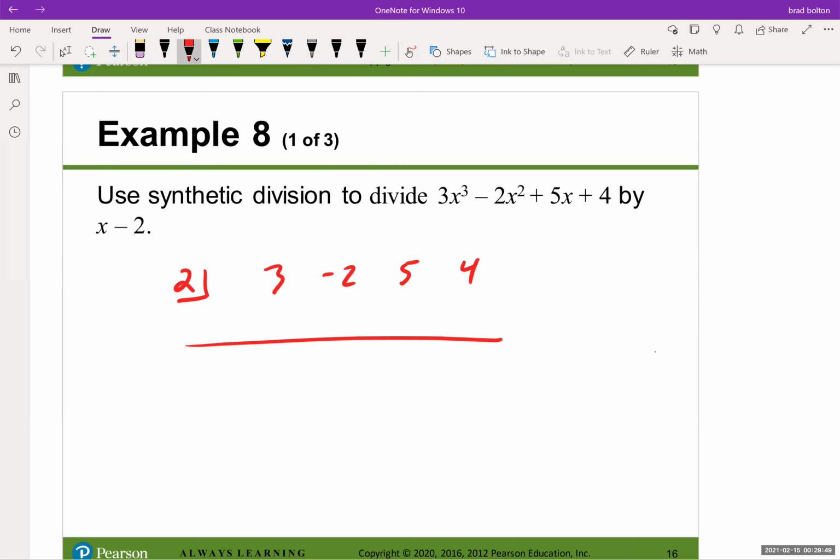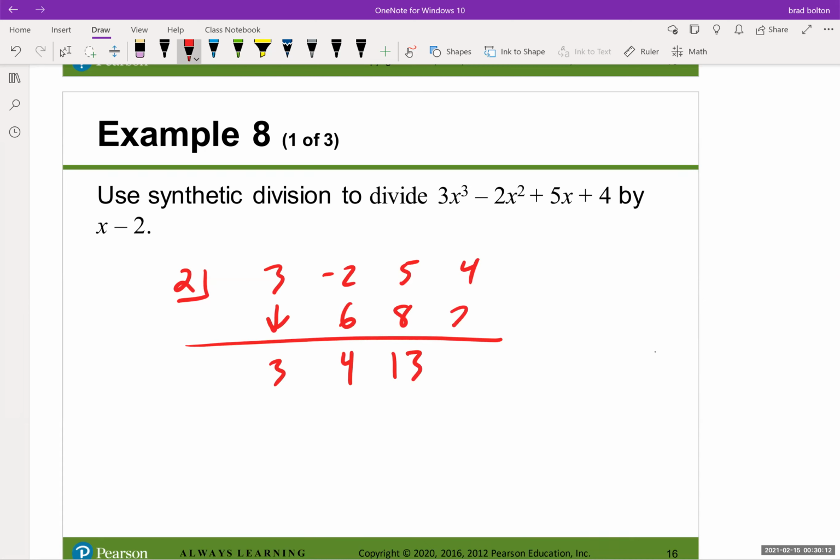Now we always bring the 3 down. So we have 3. Then 2 times 3 is 6. That becomes 4. 2 times 4 is 8. That becomes 13.